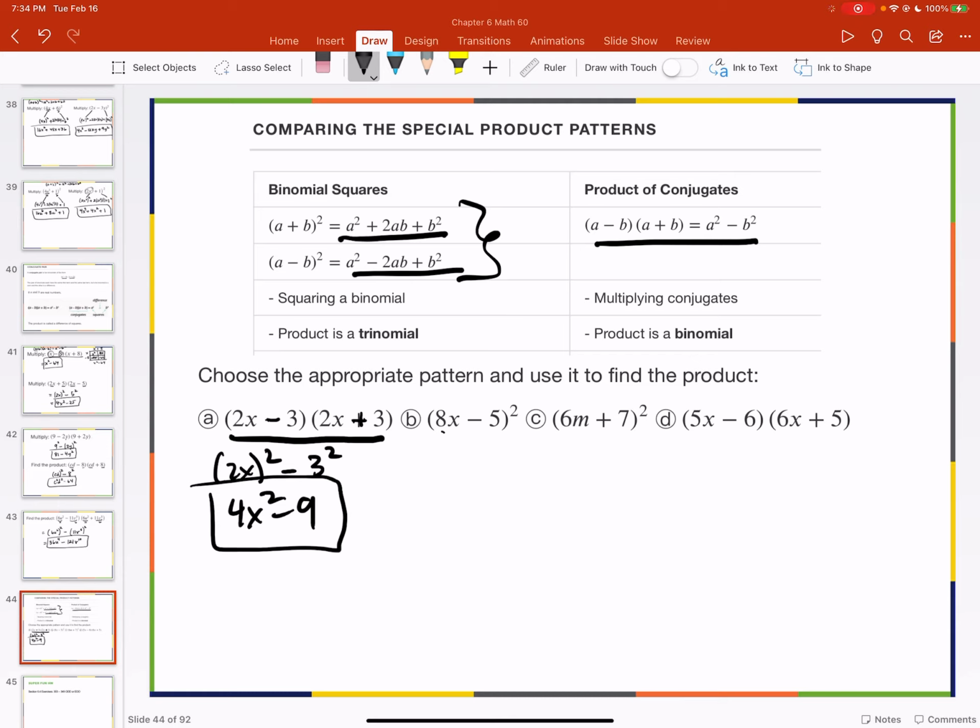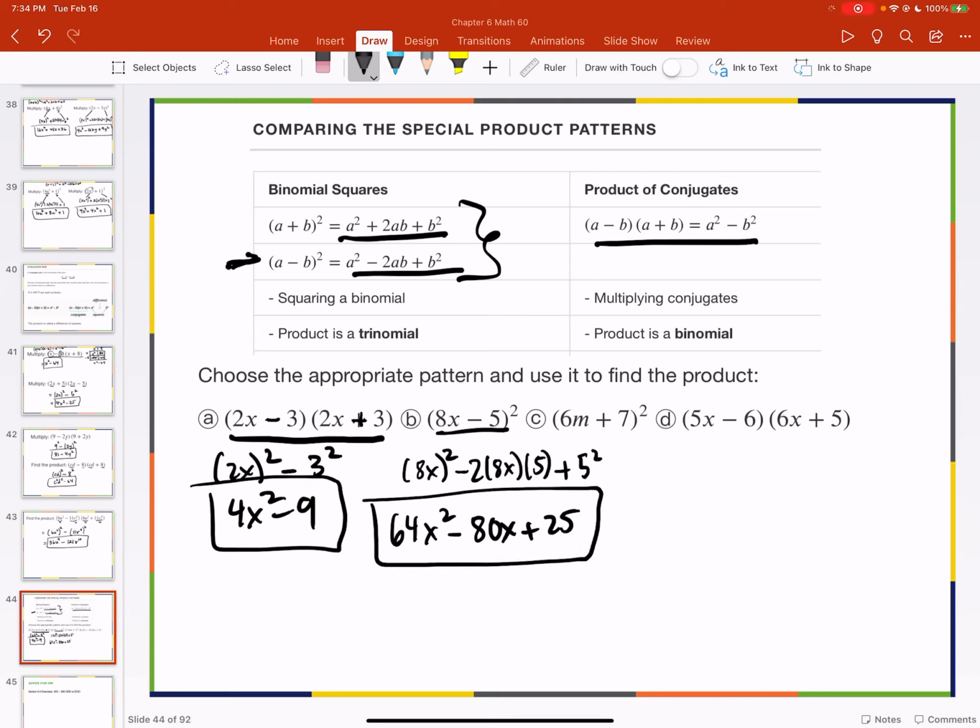For B, it's not a difference of squares. It's a binomial square. It's this one, the negative. So it's 8x squared minus 2 times 8x times 5 plus 5 squared. So that's going to be 64x squared minus 80x plus 25. So that's B.